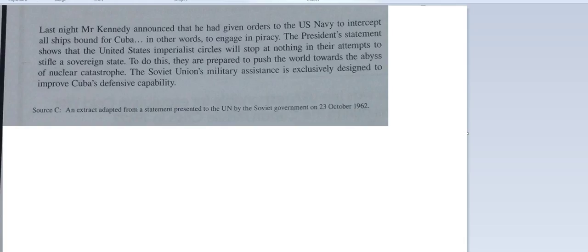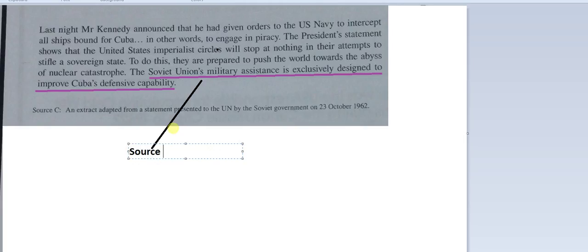What you realize in source C is that it says here, the Soviet Union's military assistance is exclusively designed to improve Cuba's defensive capability. So what you see over here is a very clear contradiction. Source C essentially says that the intervention was to defend Cuba, right?